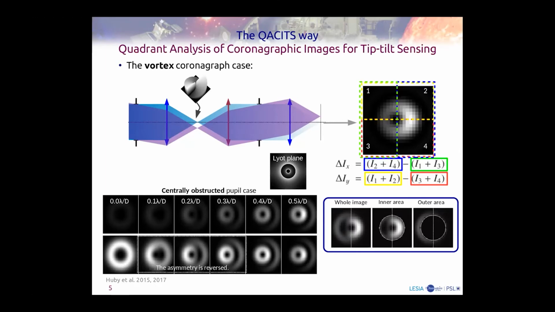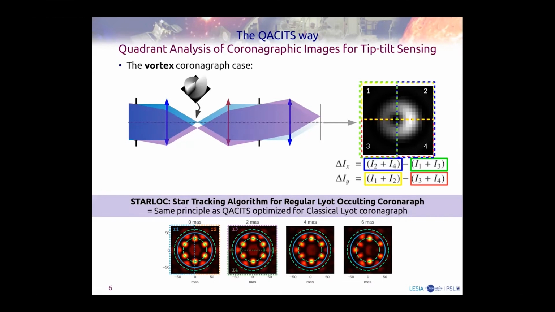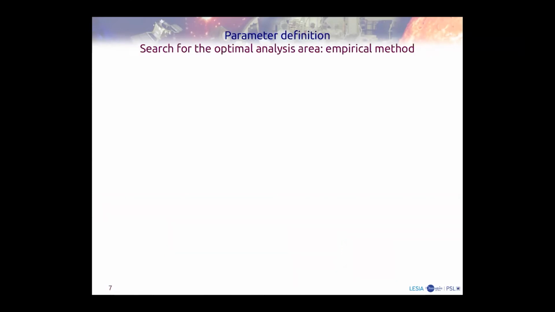So we wanted to apply the same kind of algorithm to the classical Lyot coronagraphs in MICADO. So that's why we've developed the STARLOC algorithm. But the difference is that there is no analytical model like in the vortex case. So in order to define the parameters of the algorithm, so the analysis area, so what annulus do I want to analyze, and also the slope of the model, I've made a study.